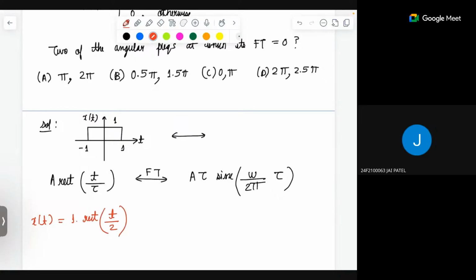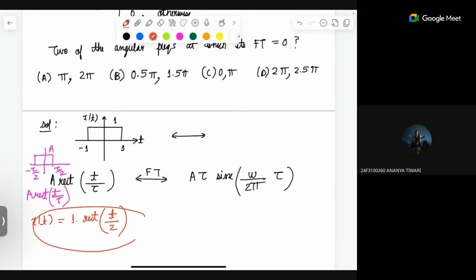Is this fine? Let me just draw it here. This is A, this is minus tau by 2 to tau by 2, and this is A rect t by tau. And so by comparing from that, we have this expression for x of t.